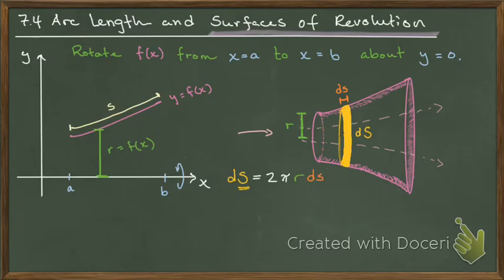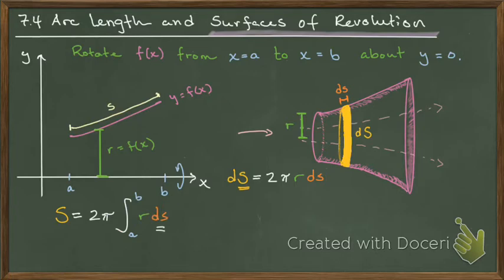That's like a height. Basically, I've got kind of a cylinder here that I'm working with, and I want the area of it. It's 2 pi times the radius times that little arc length. Integrate this, and I get capital S is 2 pi integral from a to b of r d little s.